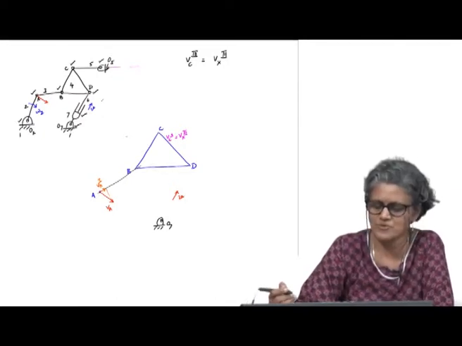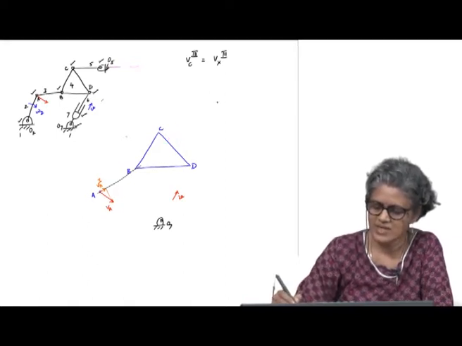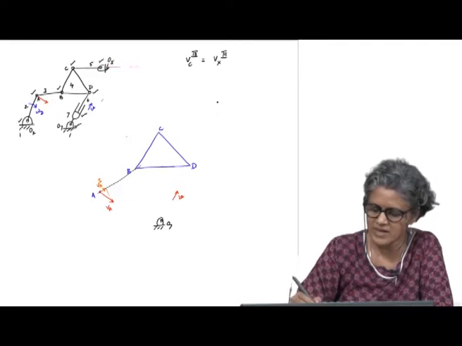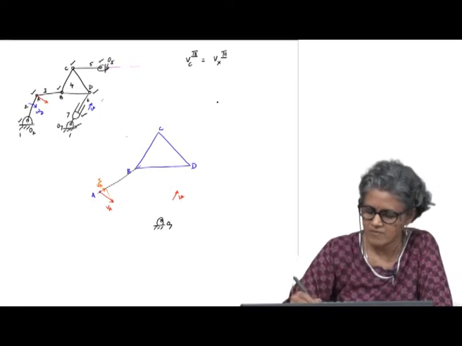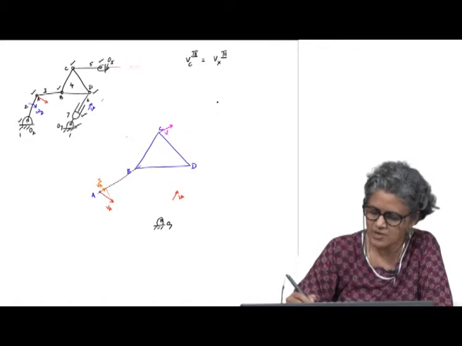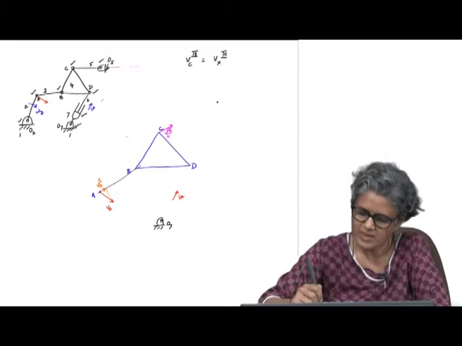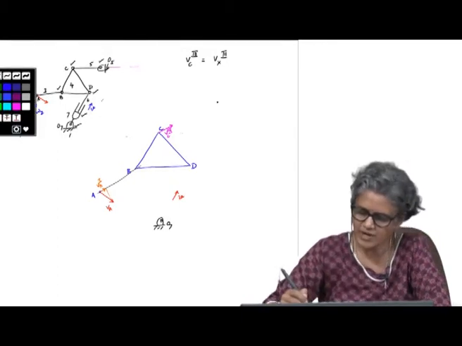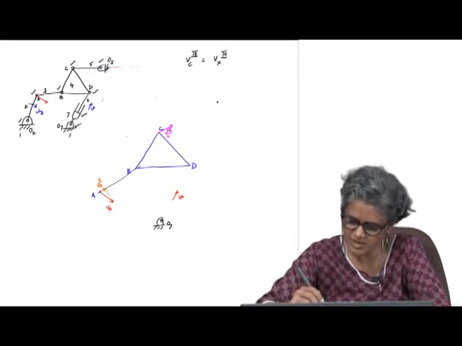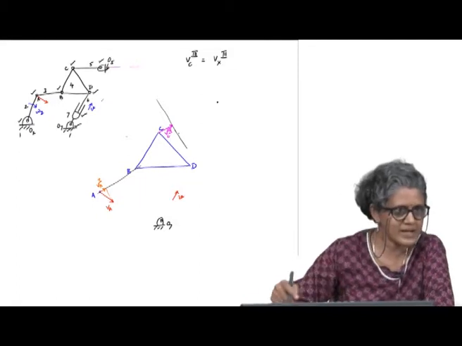So, let us say x was here, and Vc along 3 is along this direction. Then the head of the velocity vector Vc should be on that line.